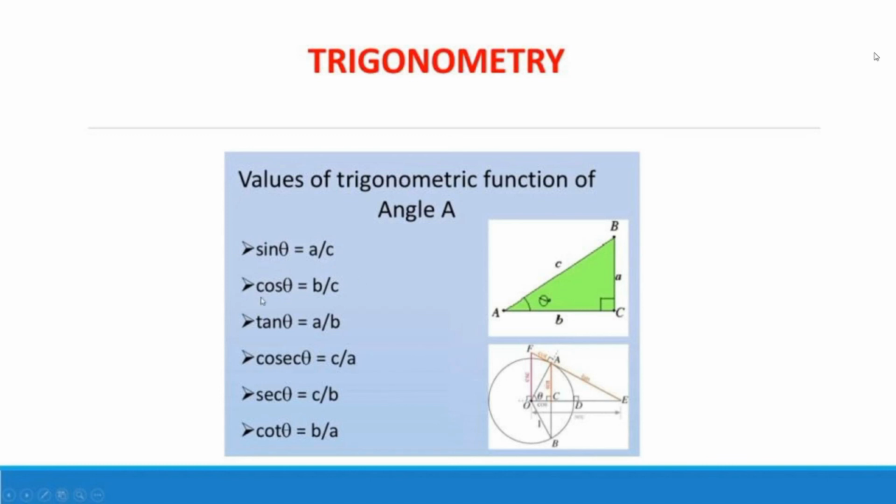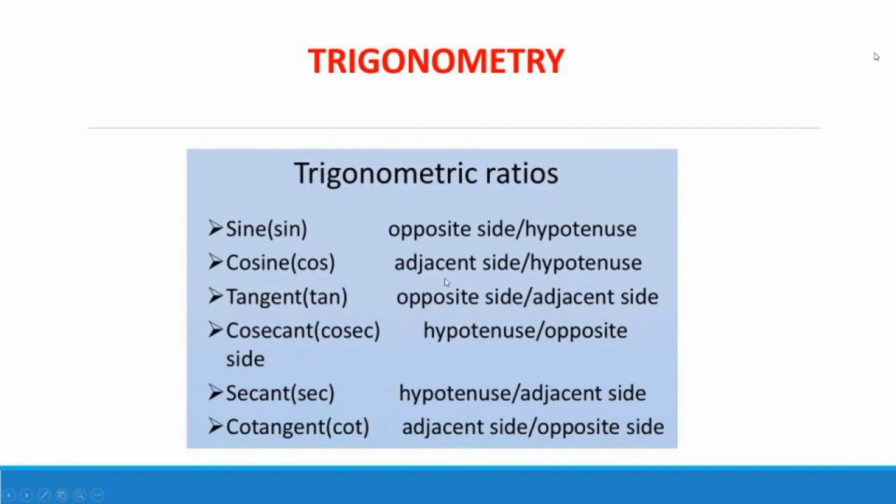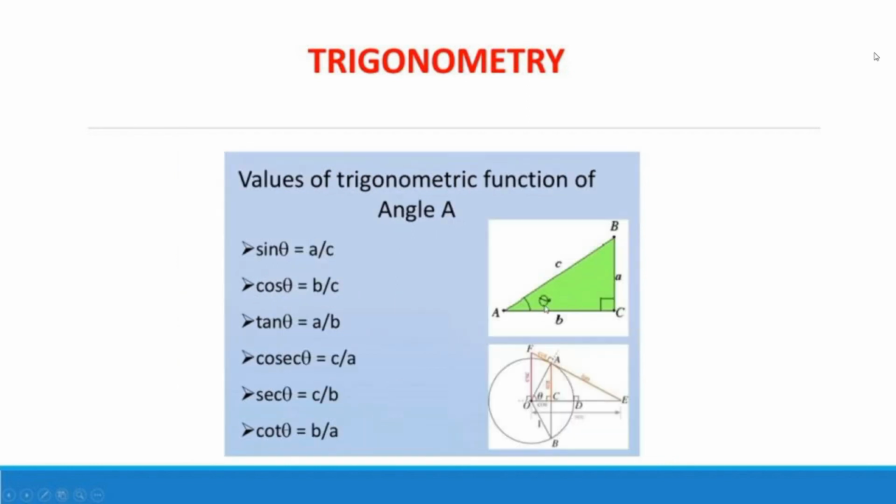While cosine is adjacent side over hypotenuse, and the adjacent side is b, and the hypotenuse is c. So cosine theta is equal to b, the adjacent, over the hypotenuse c.